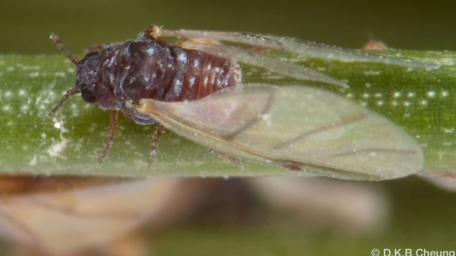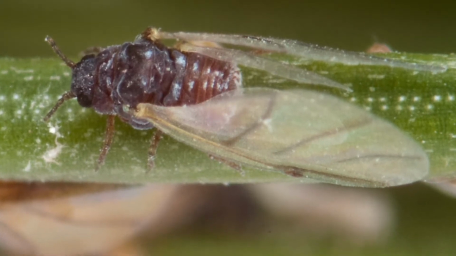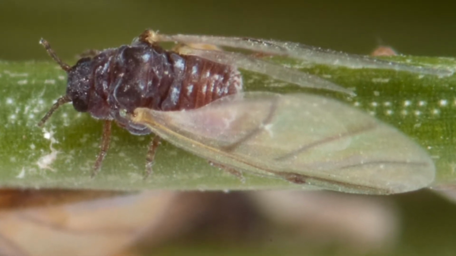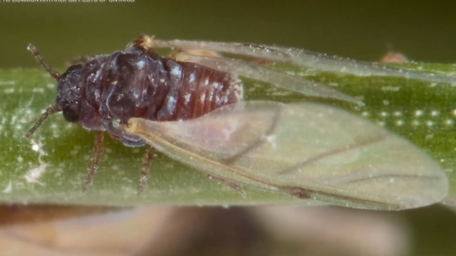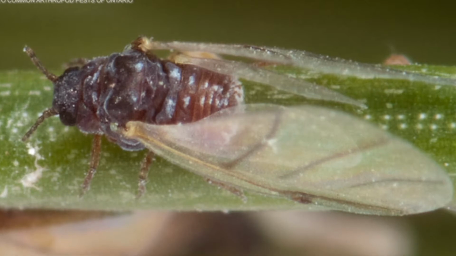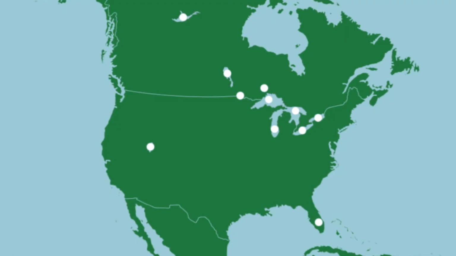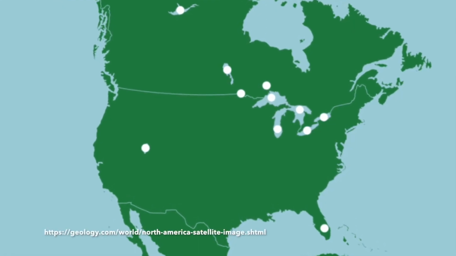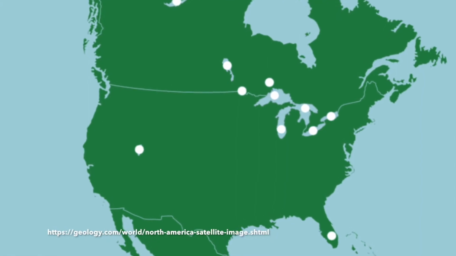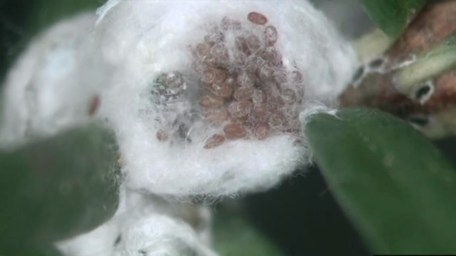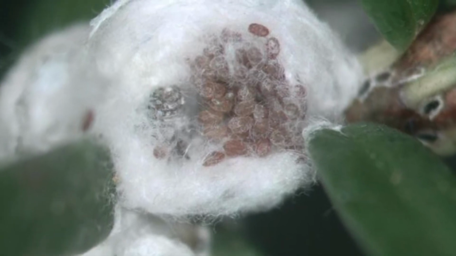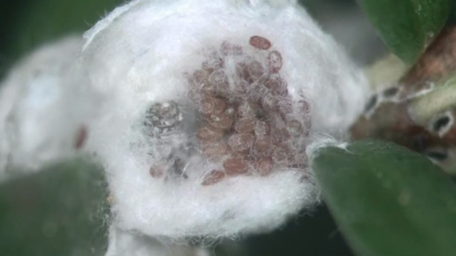These spring generation females may develop wings, which is more common when they are crowded. The winged forms fly away in search of a spruce host, but no suitable spruce host is present in North America, so the females die. The remaining wingless females lay eggs, usually less than 50 eggs per female.